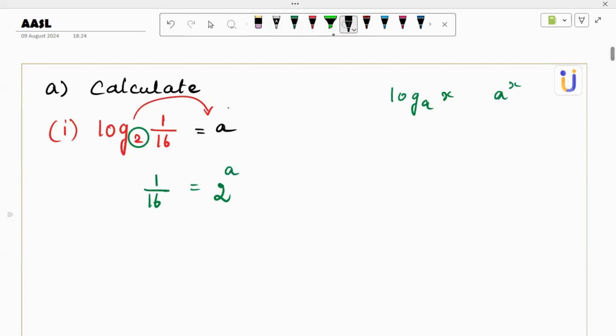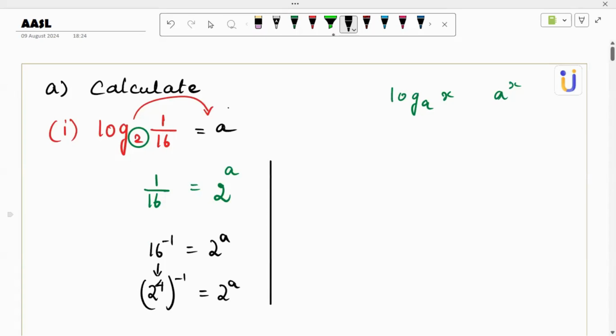And now it's very simple. I need to find A, so 1 by 16 I should express in base 2. It can be written as 16 to the power negative 1 equals 2 to the power A. 16 can be expressed as 2 to the power 4, and then the whole power minus 1 is there. So (2 to the power 4) to the power minus 1 equals 2 to the power A. Solving this further, we get 2 to the power A equals 2 to the power negative 4, and A is negative 4.